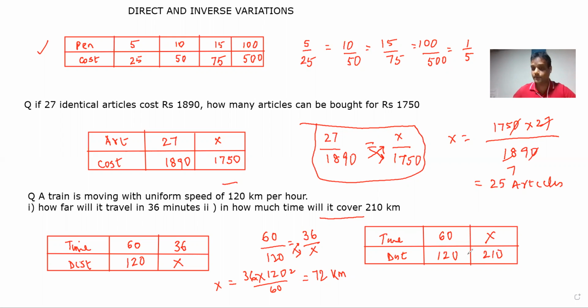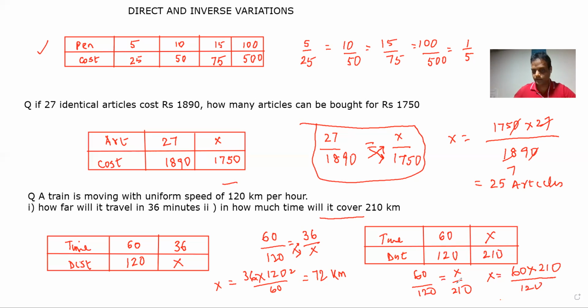So if they are in direct variation, the rule is that the ratio should be same, which means that 60 upon 120 is equal to x upon 210. So cross multiply, x is equal to 60 into 210 upon 120, right?